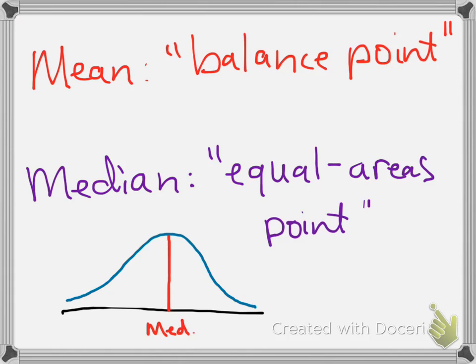So that means that we should have an area of 0.5 on one side of our median underneath the curve, and we should have exactly the same thing, an area of 0.5 on the other side of the median underneath the curve.